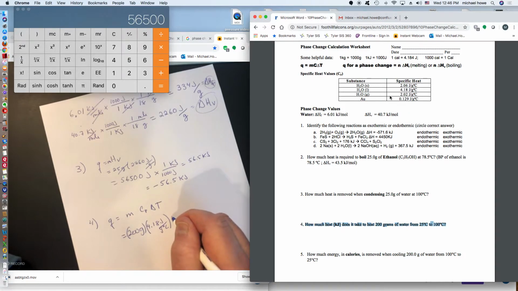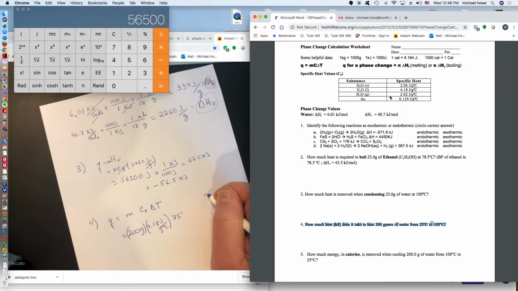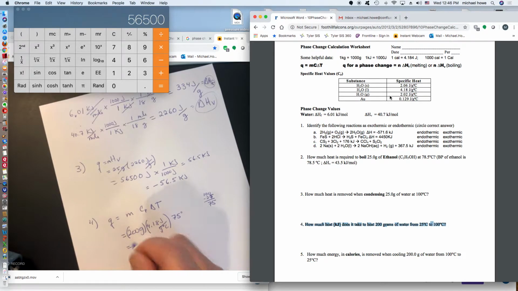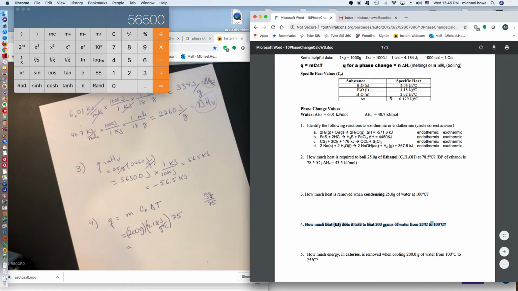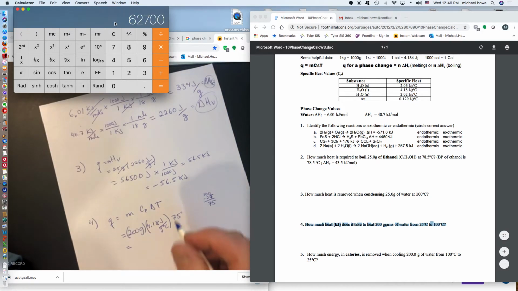And then the change in temperature a minute ago I showed you was 75 degrees C, and we get that by saying 100 minus 25 gives us a change of 75. All right, so now if we multiply these 3 numbers together, 200 times 4.18 times 75, 62,700.